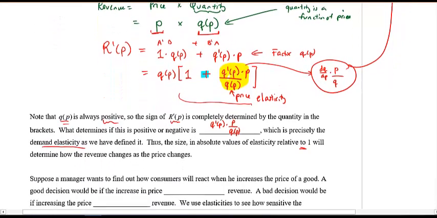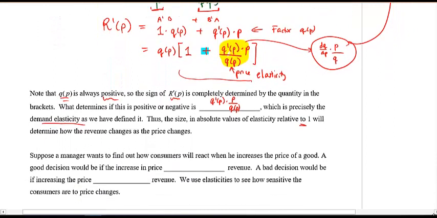I'll talk about more of this in a sec, but suppose you're a manager of some store and you want to find out how customers will react when you change the price of a good. So a good decision would be the following. If the increase in price increases revenue, let's think about that. I charge more, I get more.